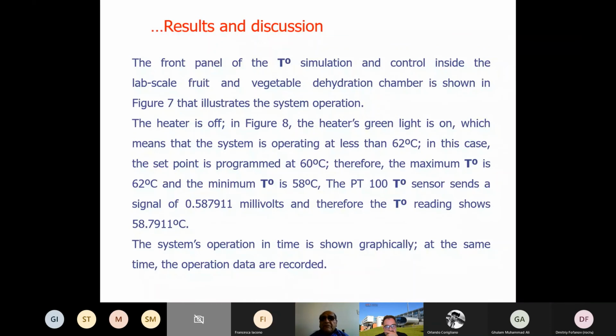Therefore, the maximum temperature is 17 degrees Celsius, and the minimum temperature is 15 degrees Celsius.